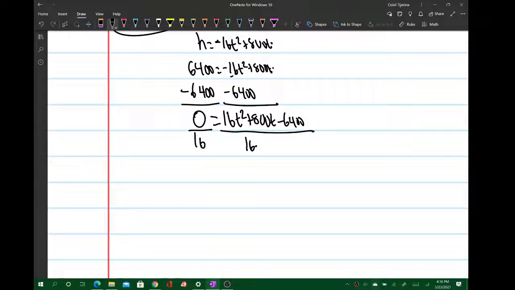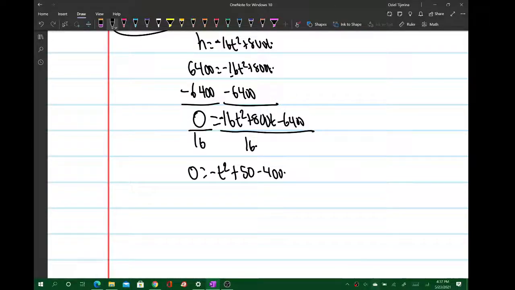Since we already know what 800 divided by 16 is, it would be 0 equals negative t squared plus 50, because we were dealing with a negative, and then plus 800t, and then minus 6,400 divided by 16, which is minus 400.